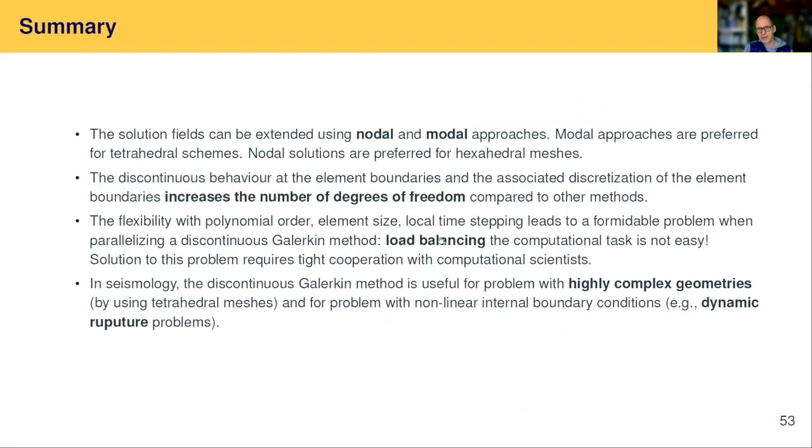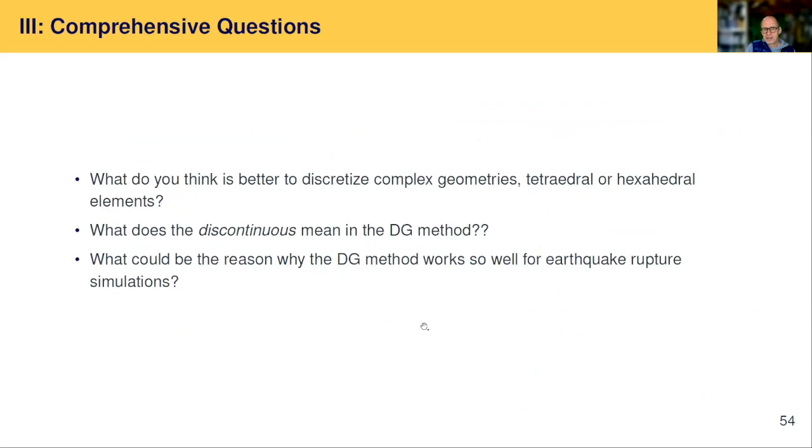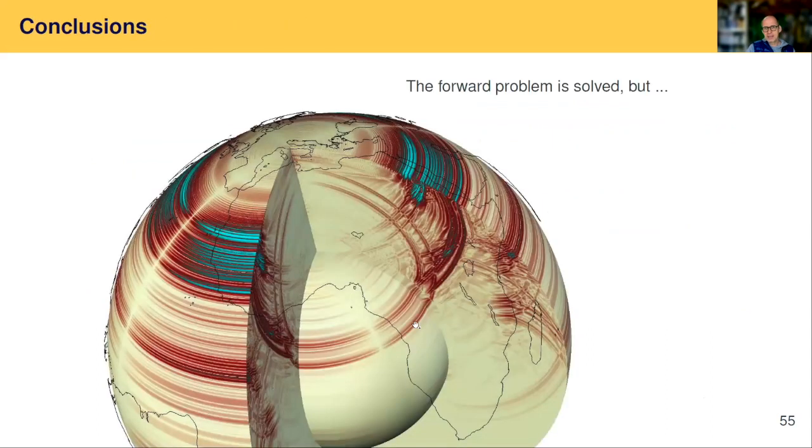Suddenly you get a big problem with load balancing. Load balancing means that if you have a parallel computer, all the different machine parts operate at the same time, and so that is really an increased complexity on an implementation level. Okay, that's basically it.